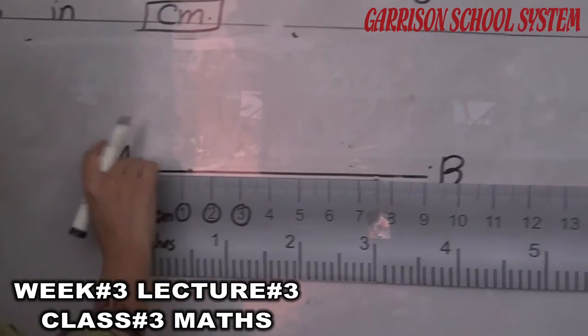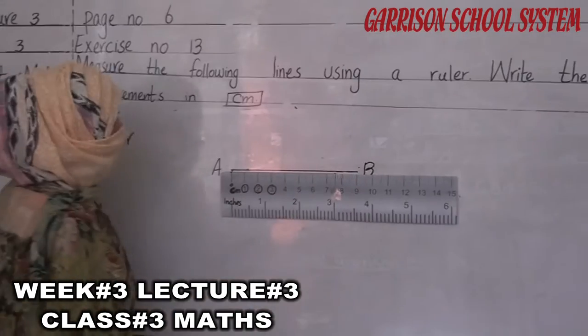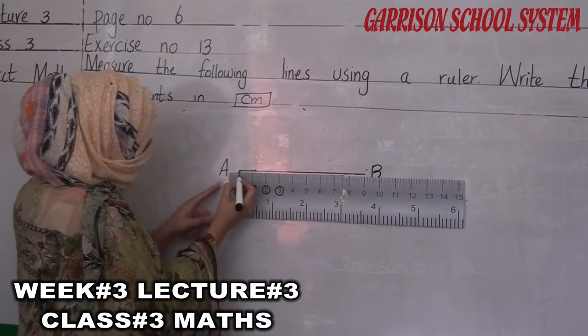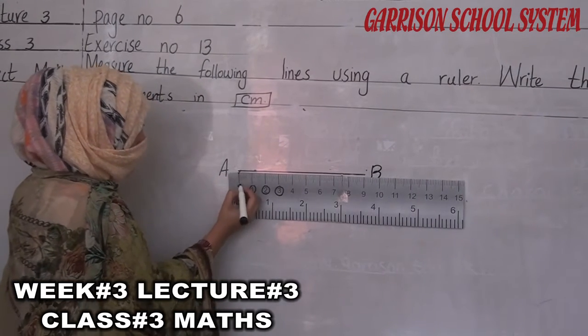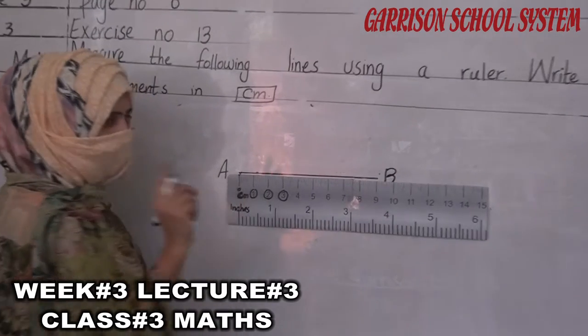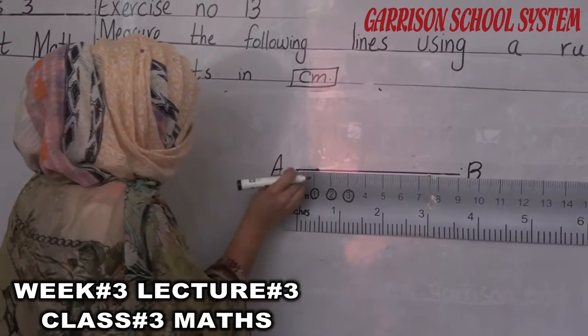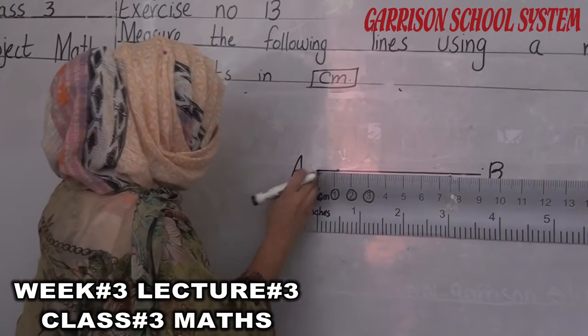We have to measure this line A and line B. So we take a ruler and we put the starting point, which you can see here is 0. We start measurement from the 0 number. We put the ruler at the starting point of our line AB.